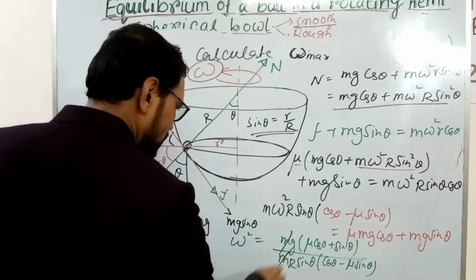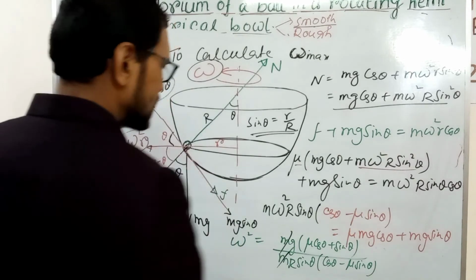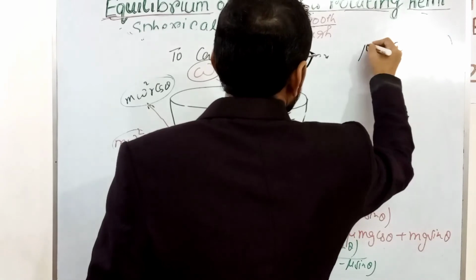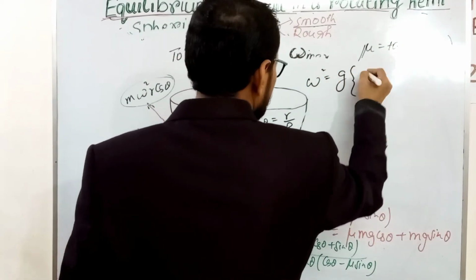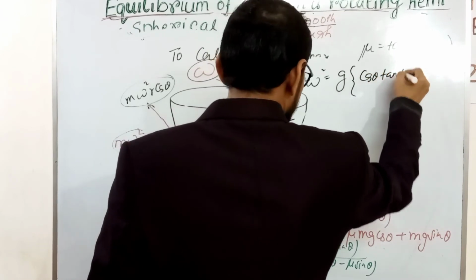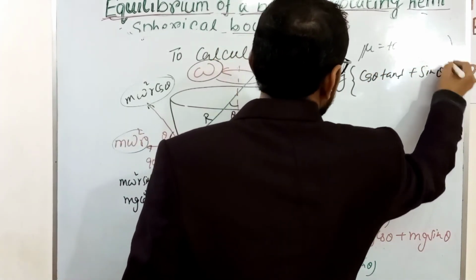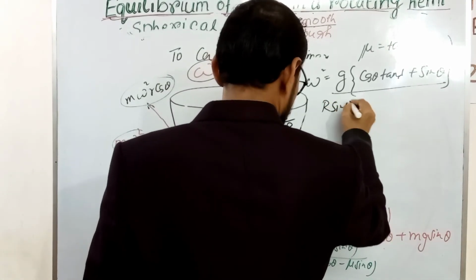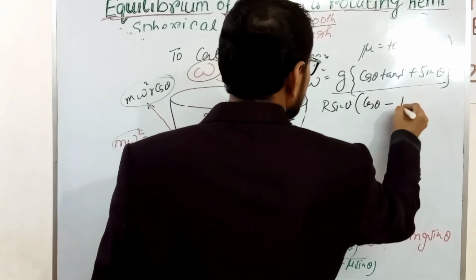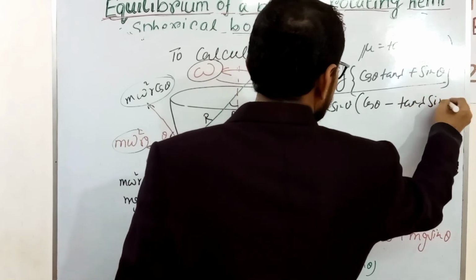Now if we put mu equal to tan lambda, then omega square equals g into cos theta tan lambda plus sin theta, by R sin theta into cos theta minus tan lambda sin theta.